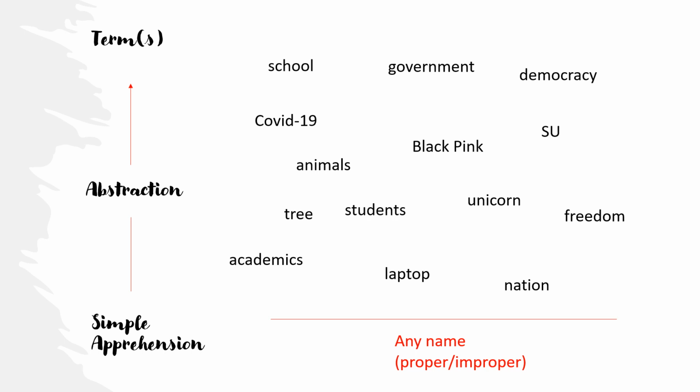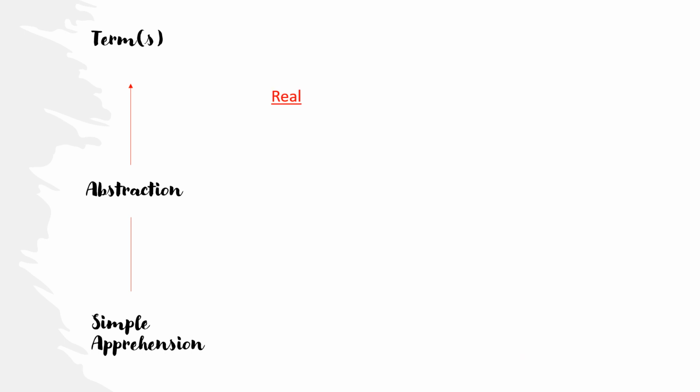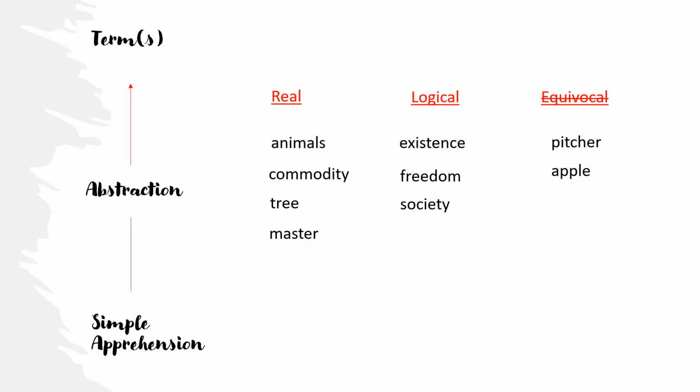But then we have to consider that there are differences also in the terms that we use every day or in technical setup. Now, there are terms that have real connotation, while others have logical sense, and last, equivocal terms.